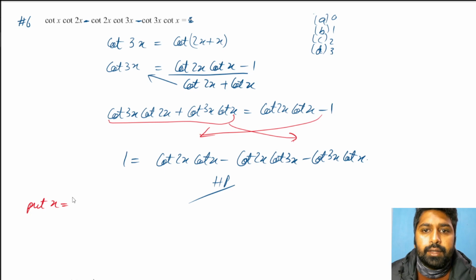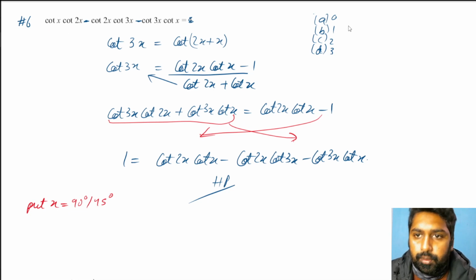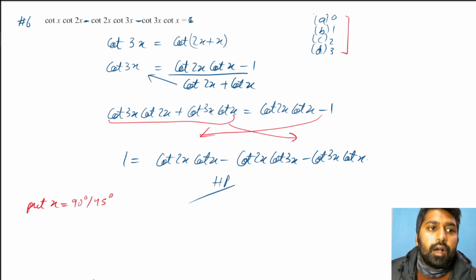You could put 90 also. 0 you cannot put because cot 0 is undefined. So you can put 90 degree also if you want, 45 degree if you want in this expression, and you can get the same answer as 1. But remember that this is only applicable if the options are given like this, as constant values.